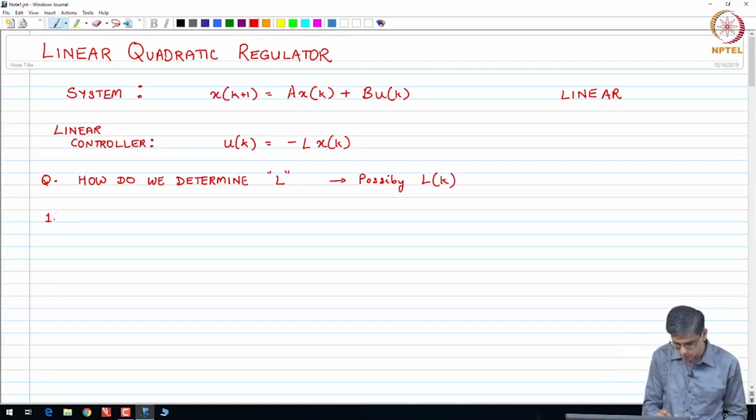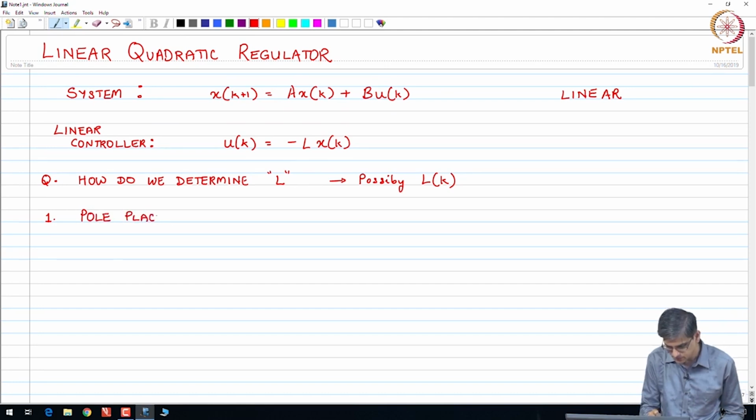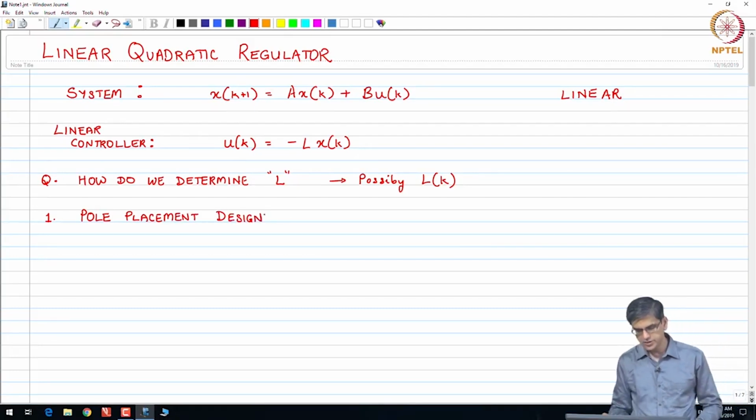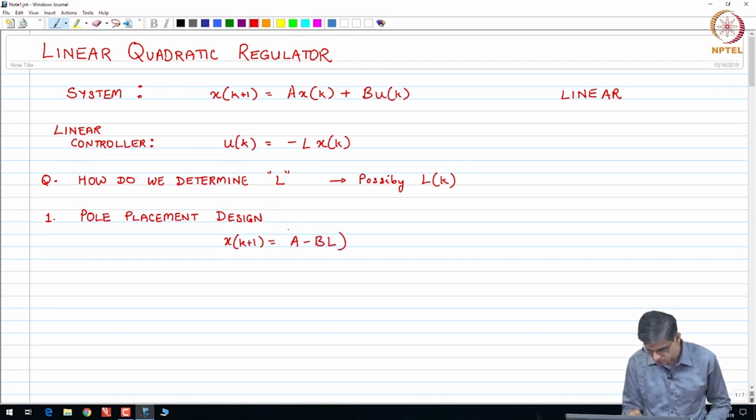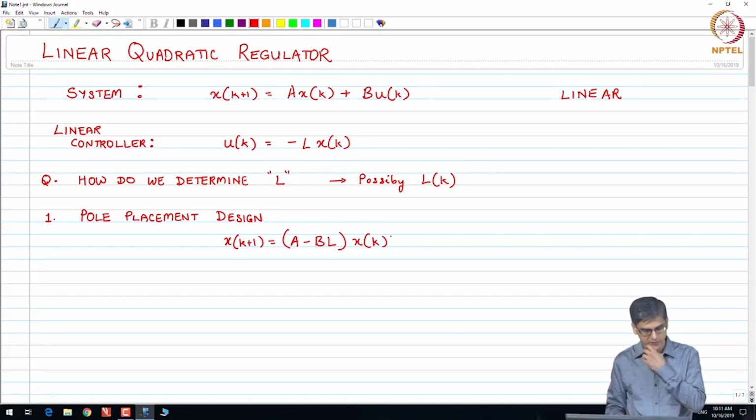So, the one thing that we talked about was pole placement design. Okay, where you substitute u_k in the above equation and you will get x_{k+1} equal to (A minus BL) times x_k, okay.